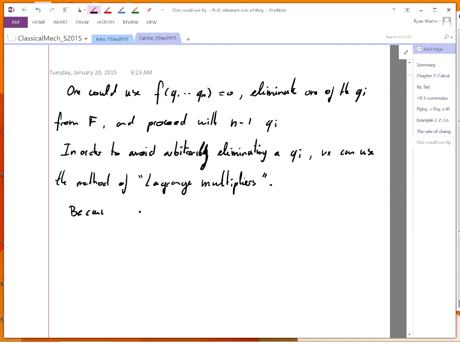So, because lowercase f is equal to 0, then the variation delta f is also equal to 0. It's very easy to verify. So that means we have delta of lowercase f, which is just given by the chain rule.